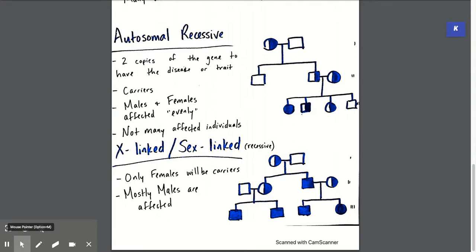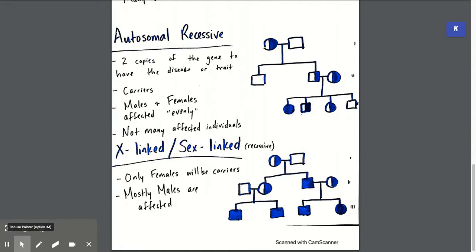So the idea here is that an individual, in order to have the particular disease or trait, must have 2 copies of the particular gene. In an autosomal recessive pedigree chart, there will be carriers.